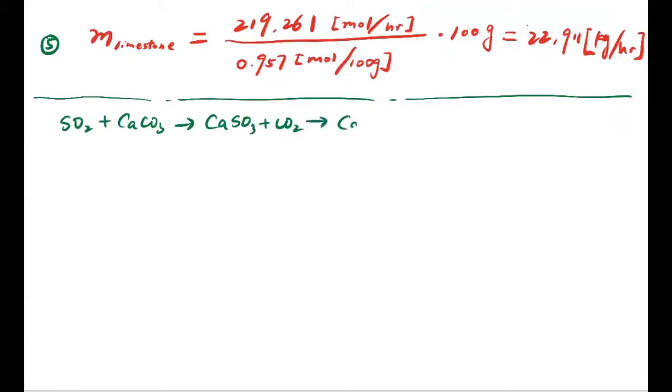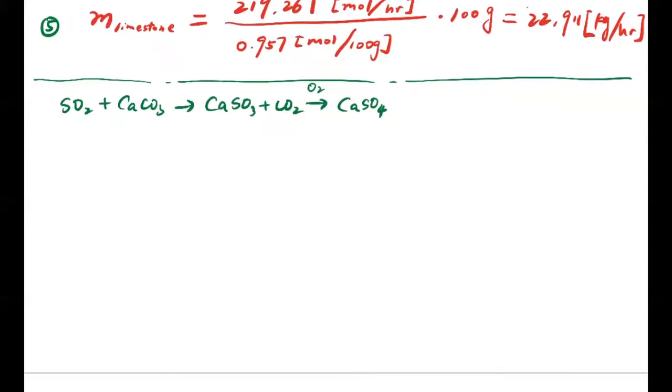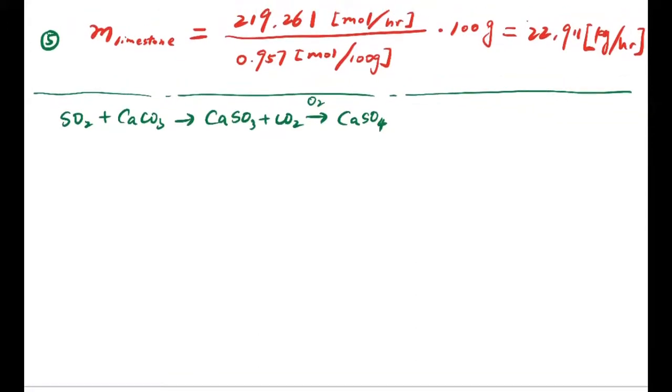And then finally, we're going to form calcium sulfate, mainly because we add oxygen into the system, right? We oxidize the calcium sulfite. And you see that in this problem, we're providing more limestone into the scrubber. Because of that, the sludge is also not going to be a pure substance, right? We need to consider that there are also inerts in the system.